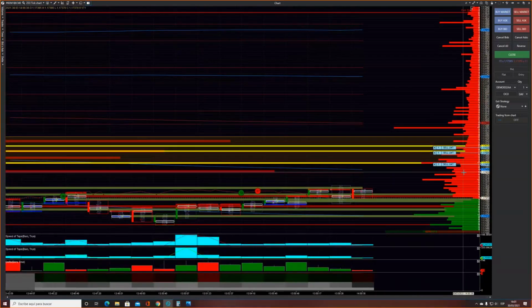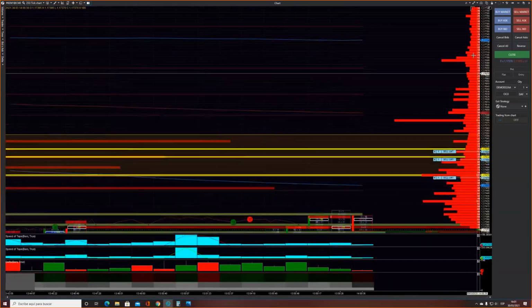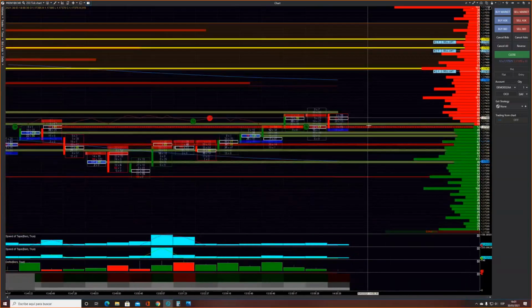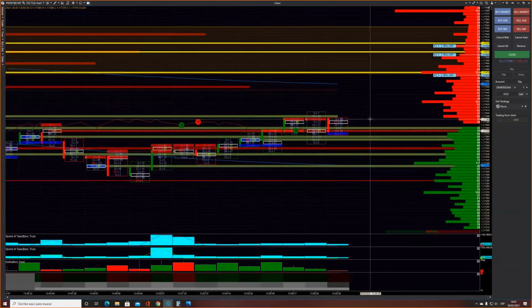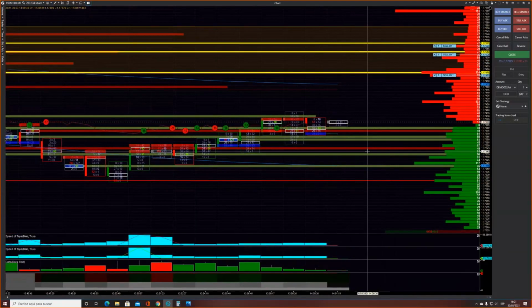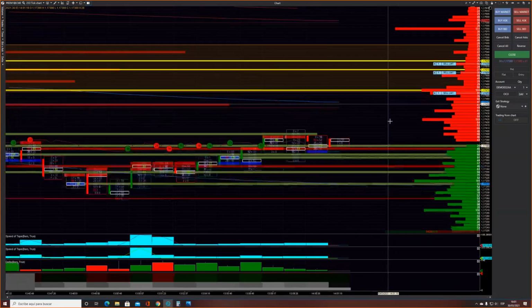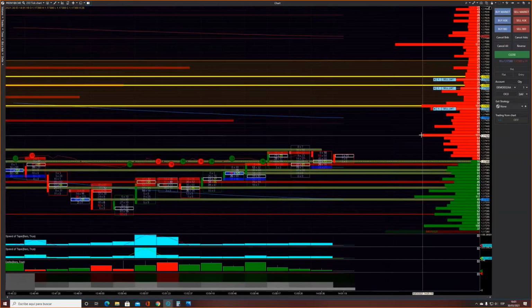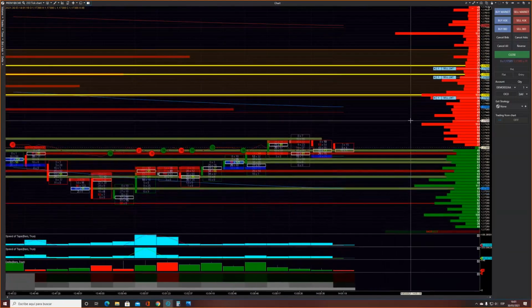Because we can see that in real time and see what's happening at each price. We can see how many buyers, how many sellers are now interacting with the market, and we can take action. There are many styles of trading this. I'm just showing you one of the most reliable and quieter ones as well.